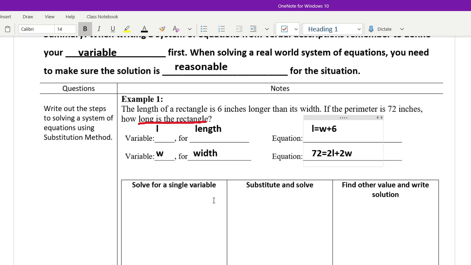So this is where we'll go to our next step. We'll combine our last two lessons, where we'll solve for a single variable. Our first equation is already set up where length is by itself.